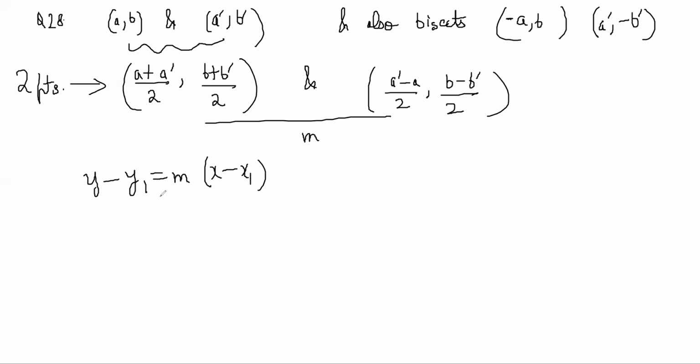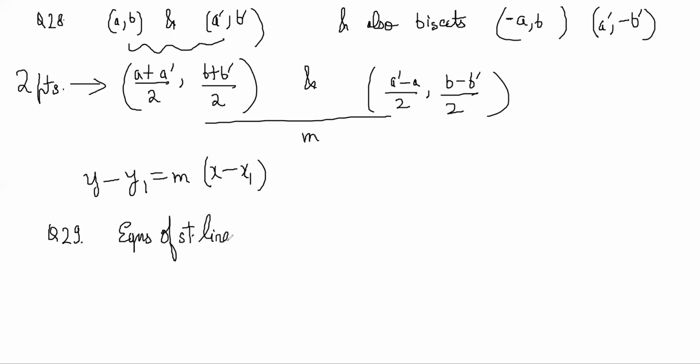Okay. 29. Find the equation to the straight lines which go through the origin and trisect the portion of the straight line which is intercepted. So you have to find equations of straight lines.